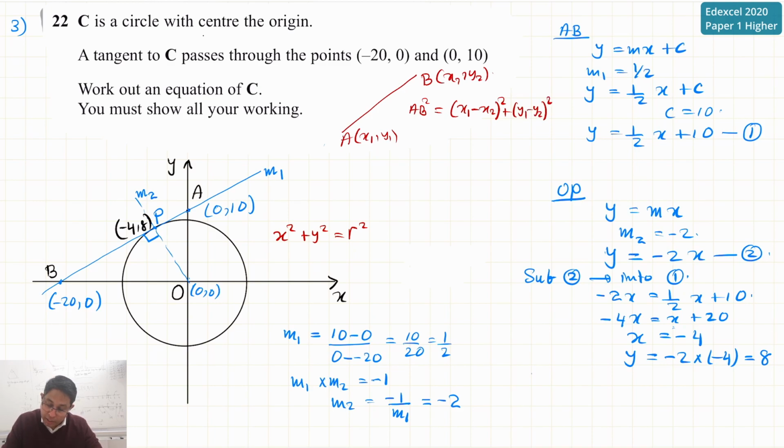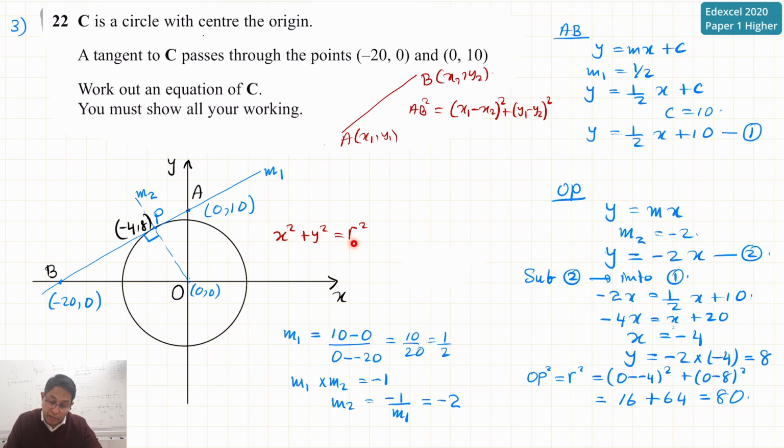Therefore, you can write OP squared, that is the radius squared, equal to (0 minus 4) squared plus (0 minus 8) squared. So r squared equal to 16 plus 8 squared, 64. This is equal to 80.